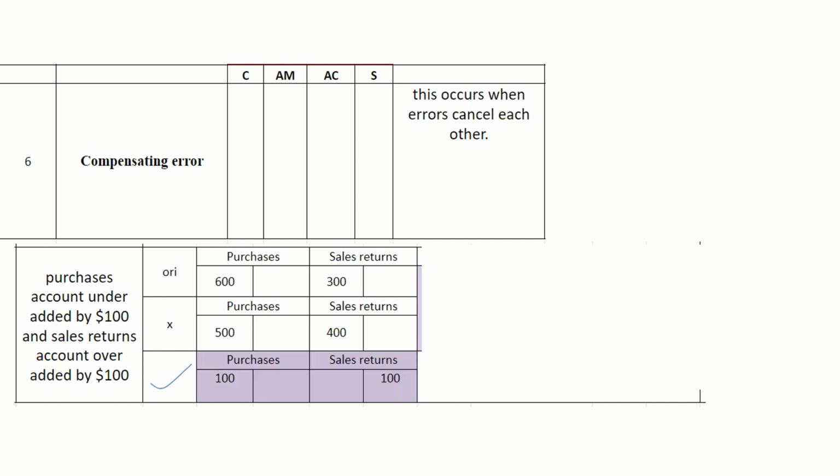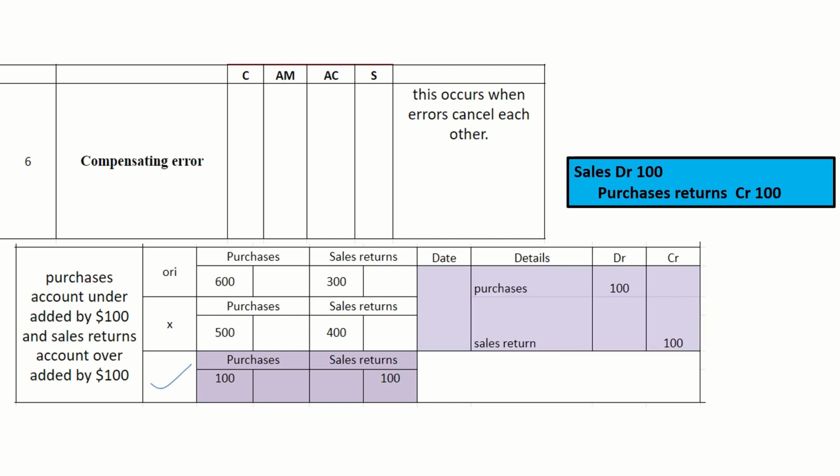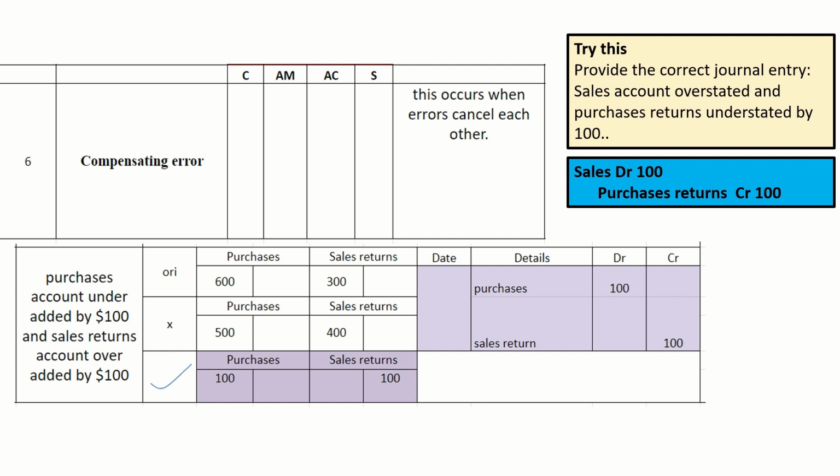In order to correct this error, you add 100 on the debit side in the purchases account, and in the sales return, you credit 100 in order to reduce it and bring it back to the original balance of 300. Try this. The correct journal entry for sales account overstated and purchase returns understated by 100.